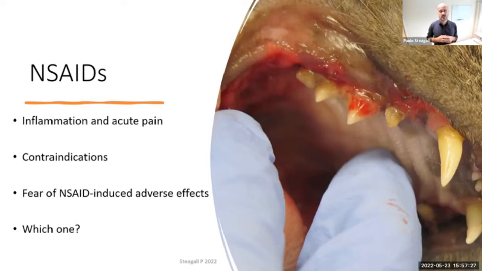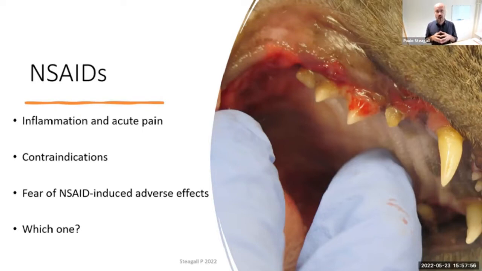We could also talk about real liver disease, where the patient would not be able to metabolize nonsteroidals, or the combination with corticosteroids. Those are the real contraindications that we should be really cautious about. But there are several examples, especially patients that are hypovolemic or dehydrated, where we could provide fluids, for example, and consider a dose of nonsteroidals postoperatively.